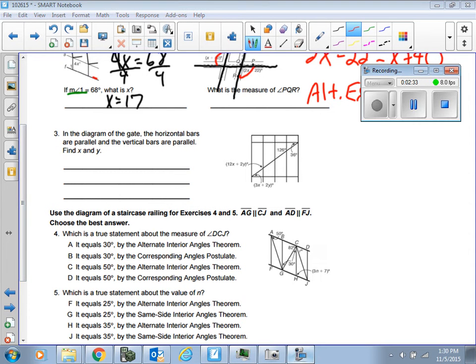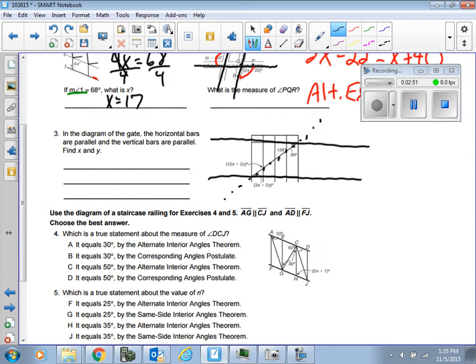Hold on one second, be right back. Alright, looking at number 3, you have these two lines being parallel, and you have this line cutting through, and all of these angles are going to be corresponding, because all of these lines are parallel.